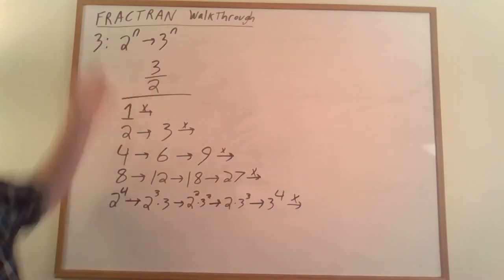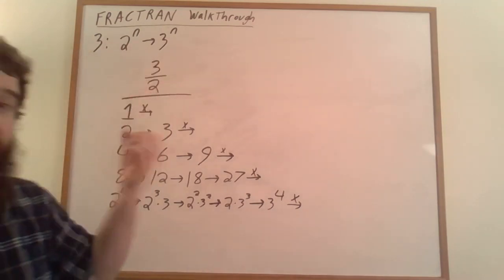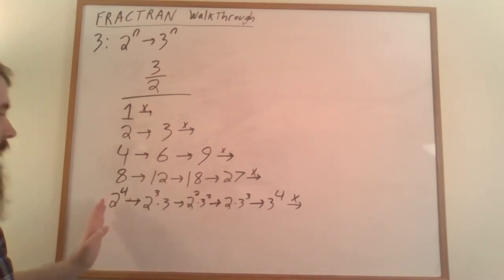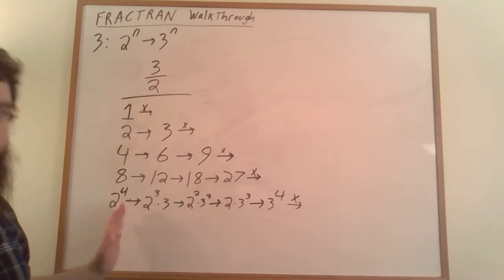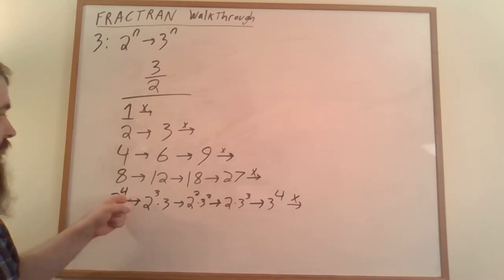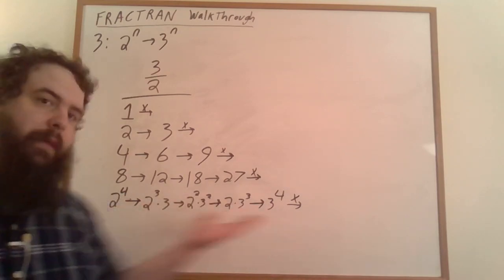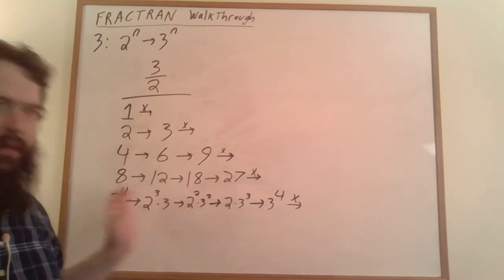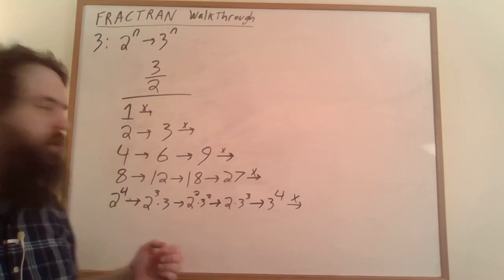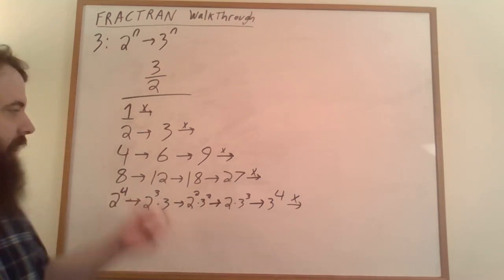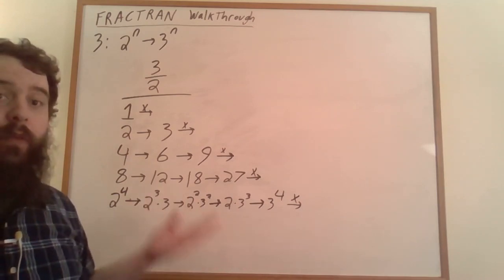We keep applying this fraction 3 halves until we can't apply it anymore. And a lot of times what you're going to want to do with a FRACTRAN program is slowly move exponents from one location to another, and maybe back. We'll see various things that we can do with these exponents, but mostly it's moving exponents from one location to another one by one.